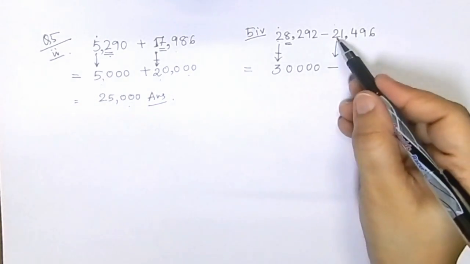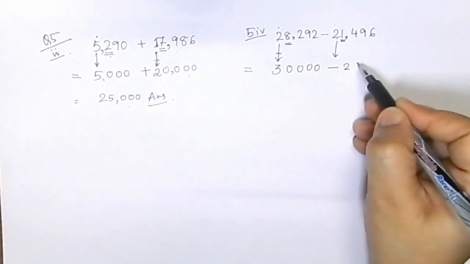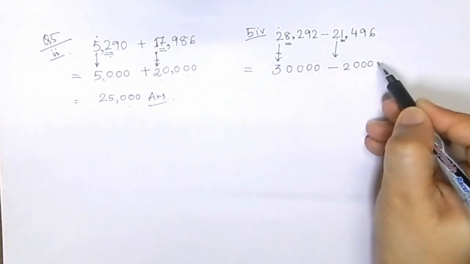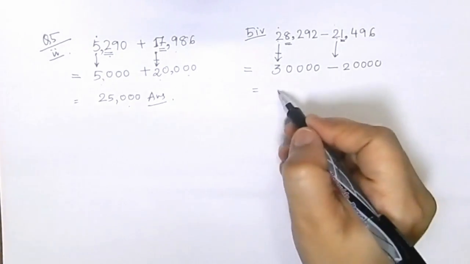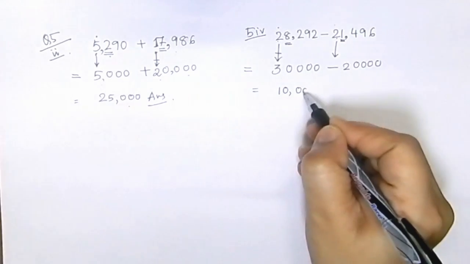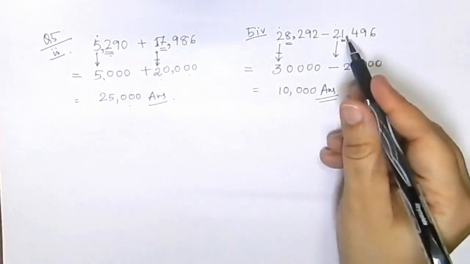Minus, see this is 2, so the next digit is 1 which is less than 5, so this will remain the same, and the other digits will become 0. So 30,000 minus 20,000 is 10,000, which is a rough estimate of the difference between these two numbers.